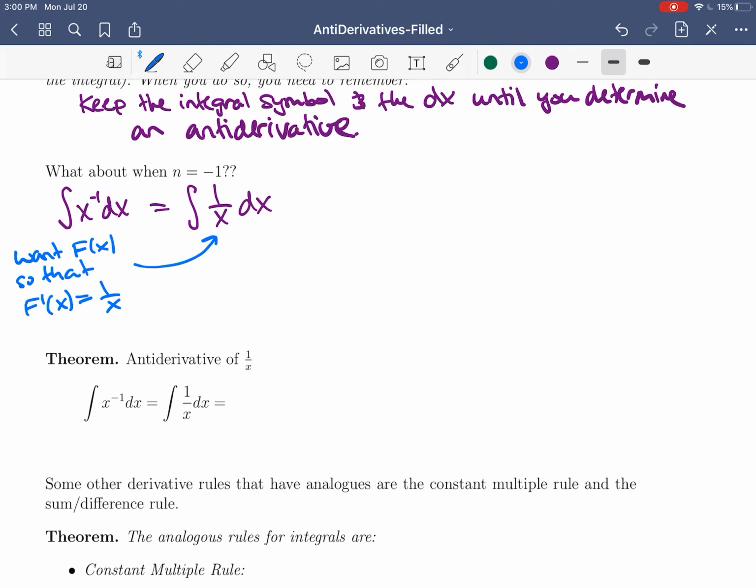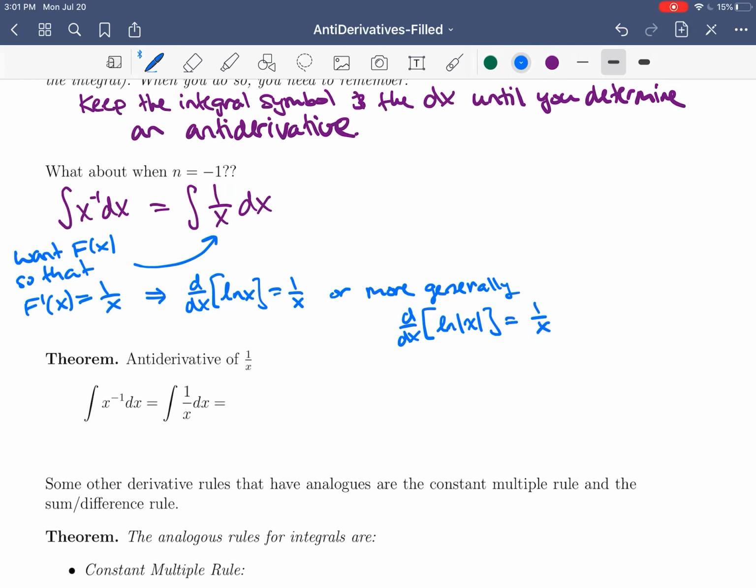Hopefully we have this in our mind. This is one that we've seen before. We know the derivative of ln of x is 1 over x. Or, remember, I mentioned it when we talked about the derivatives for the logs, we also know more generally that the derivative of ln of absolute value x is actually 1 over x.